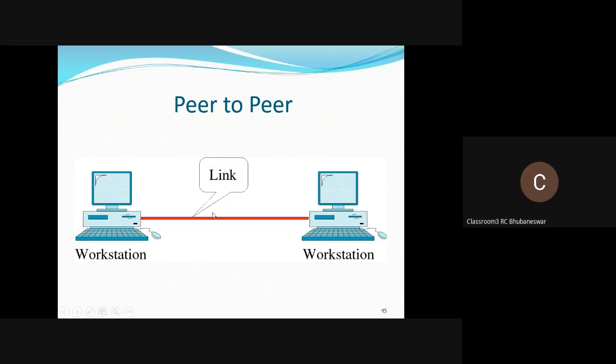Sometimes we are using this peer-to-peer connection. Where do we use it, any idea? Can you tell one or two examples of peer-to-peer where a dedicated link is used? We are using the dedicated link. For giving a presentation using the projector, I am using peer-to-peer.